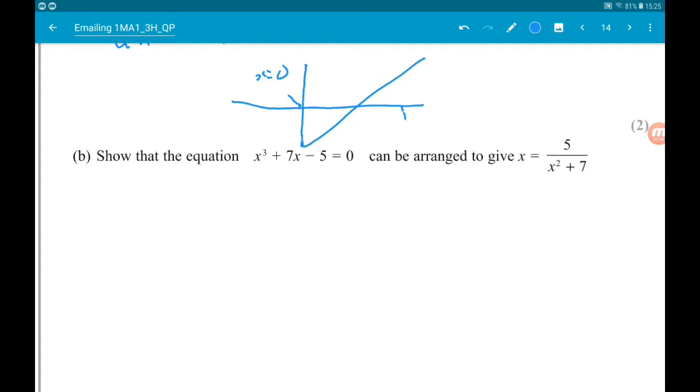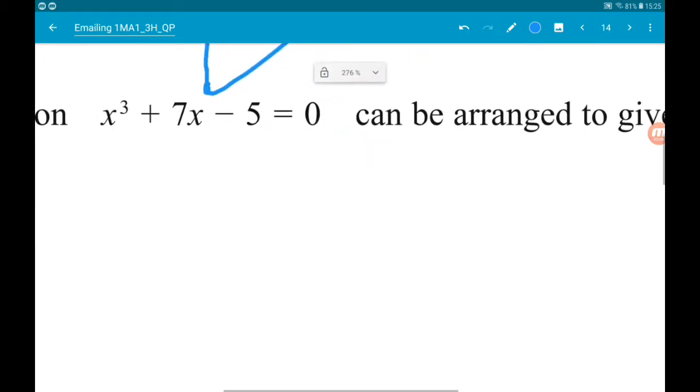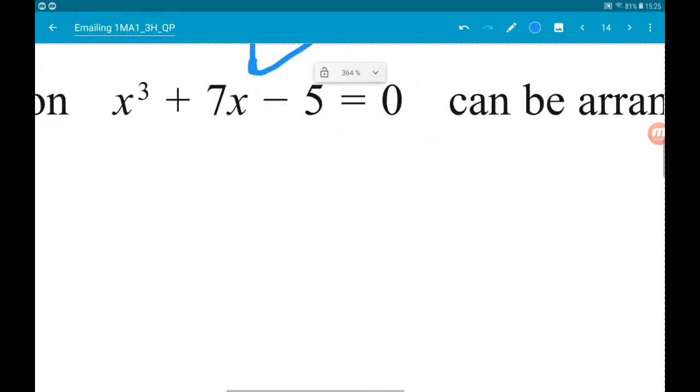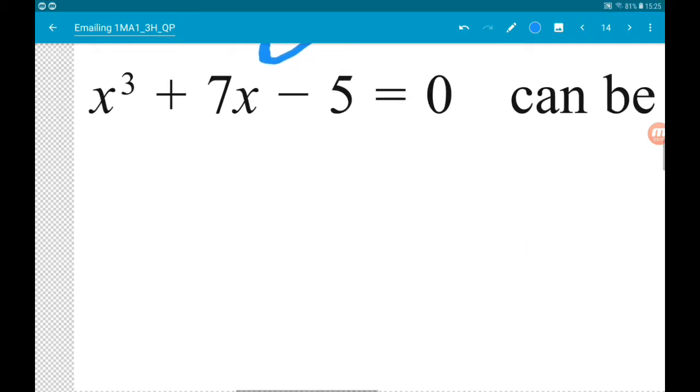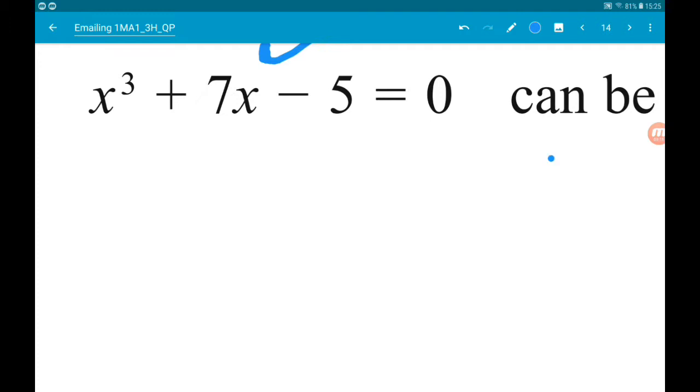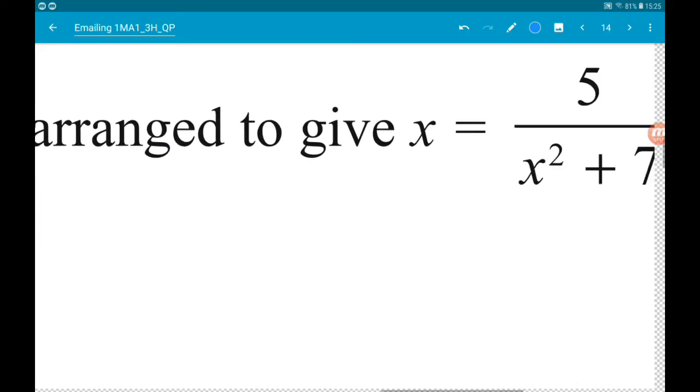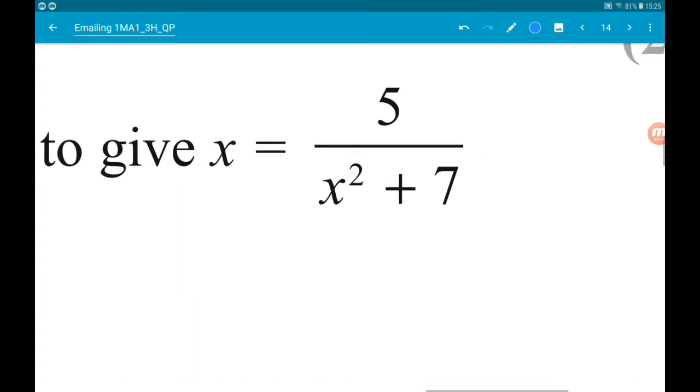Okay, so go. So we are starting off with x cubed add 7x minus 5 is equal to 0. Now, something to notice over here is that there is no x cubed.